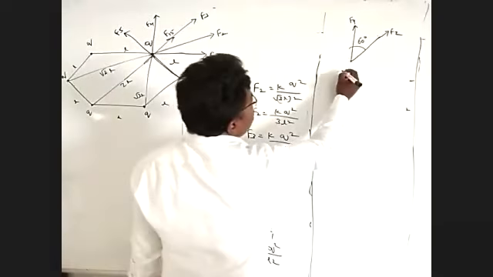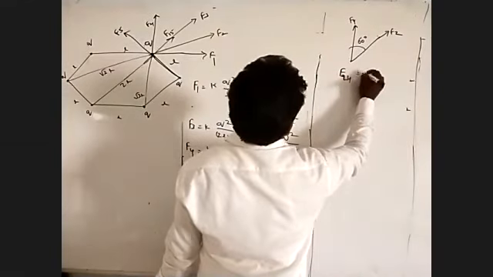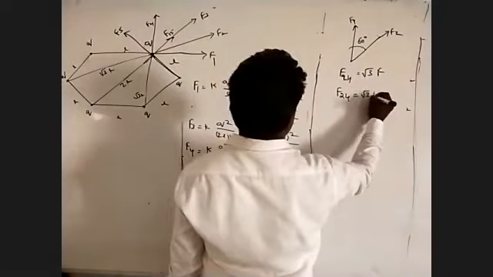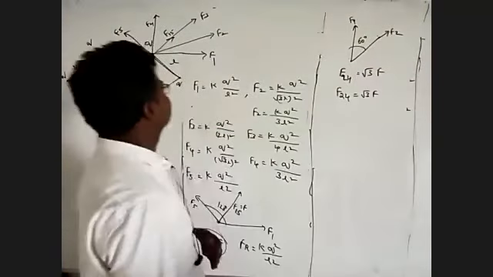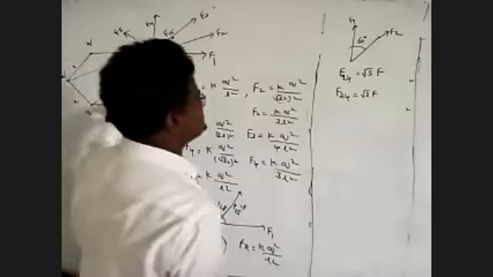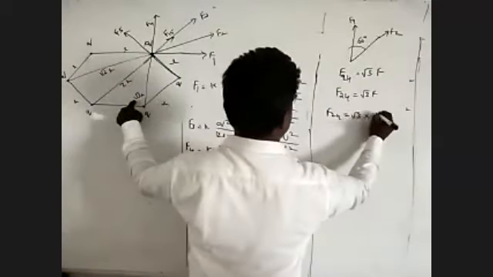Now, do you know the resultant force? F24 is equal to root 3 F. Root 3 F means F2 and F4; the distance between the two charges gives F24 equal to root 3 F. F means KQ squared by 3L squared.